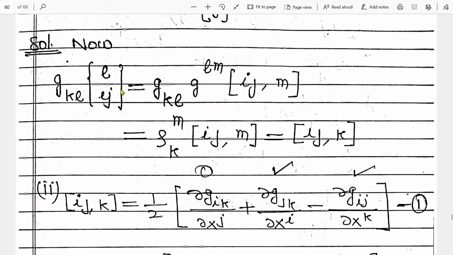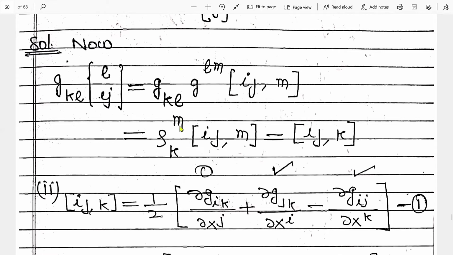So by definition the value of this result is g_lm [ij,m]. Now what is this product? In this, l is common. So it is a Kronecker delta of m and k, and this value is [ij,m]. Now this Kronecker delta will be 1 when m and k are equal, otherwise it is 0.